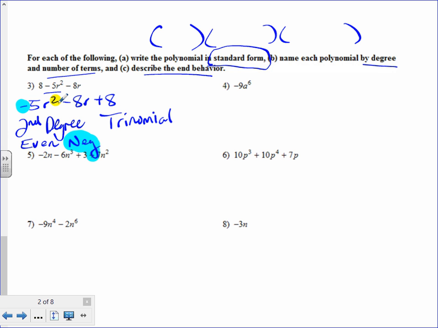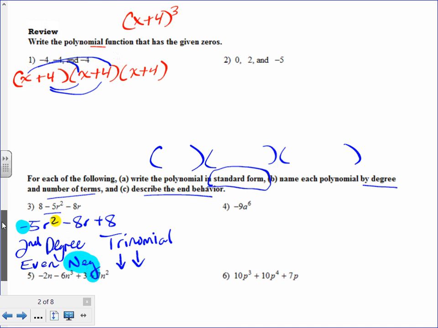If it's in standard form, you look at the highest exponent, and then you look at the leading coefficient. Okay. So if it's even negative, what would the end behavior be, Latrell? Fall left, fall right. All right. Once you do those things, you're done. What would number 4 be? There's no binomial or trinomial. What would that one be? Monomial.